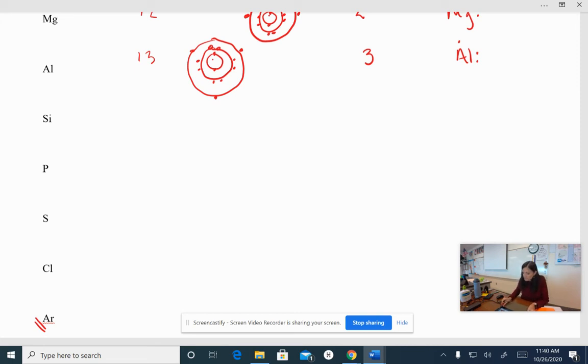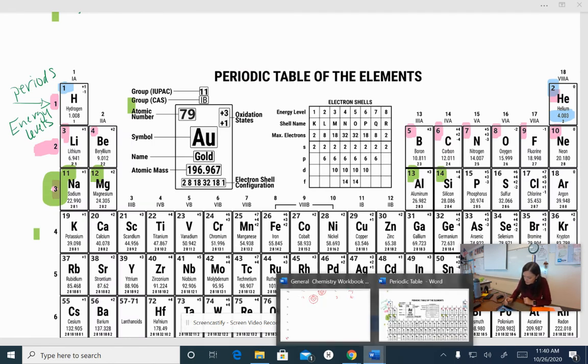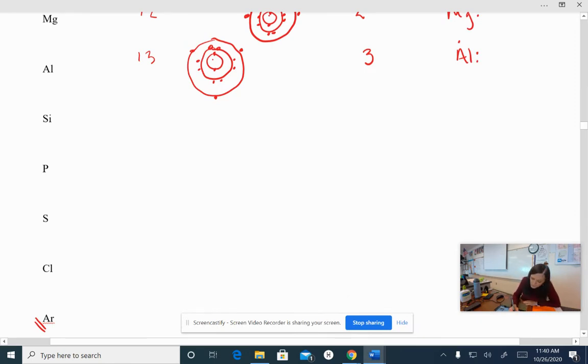Okay, you ready to check? Silicon, as you probably guessed, we're going to add yet another electron. So 14 electrons for silicon.